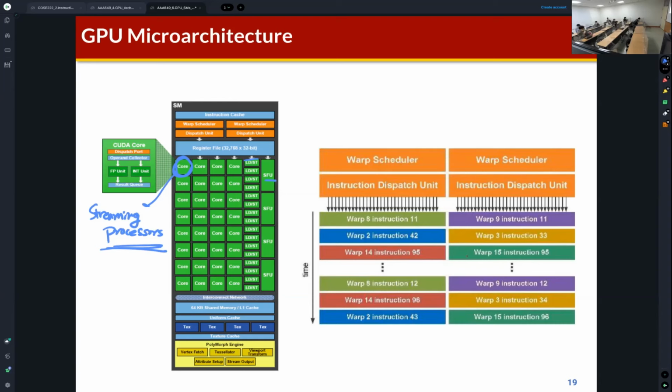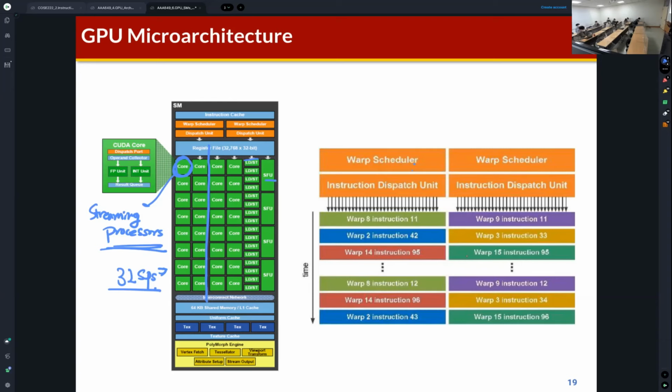That's why each warp is assigned to 16 SPs, but it's like there are 32 SPs, because the clock frequency of the SP core is double the clock frequency of the SM. And then there are 2 warp schedulers in the SM, and this warp scheduler issues warps, the ready warps.